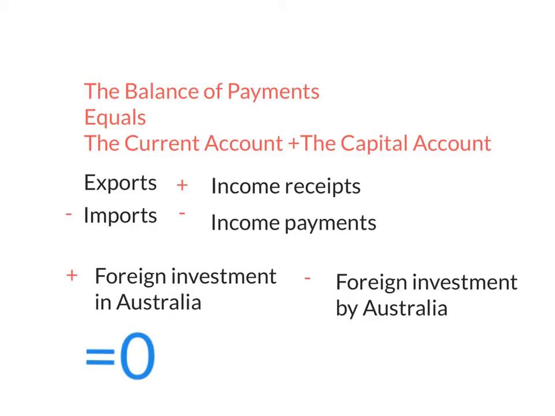So the number of Australian dollars bought and the number of Australian dollars sold at any point of time must be the same number. They must equal each other. Or in other words, at any point of time, the balance of payments has to equal zero.